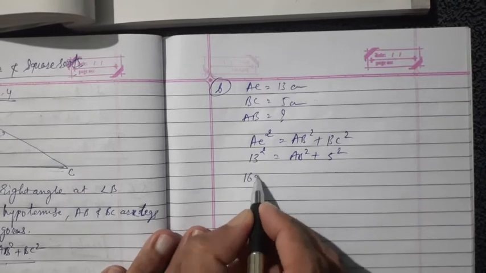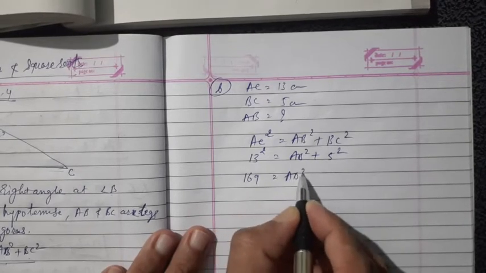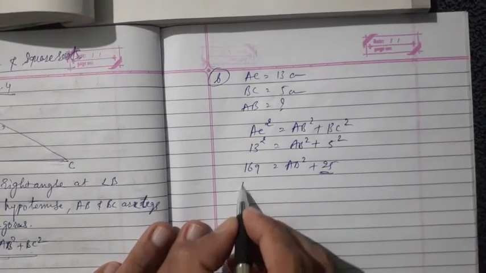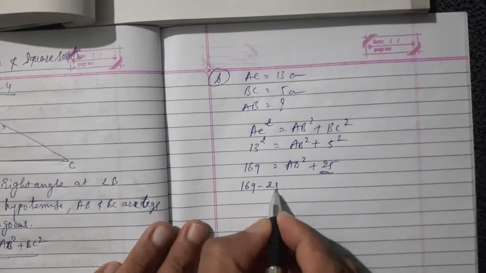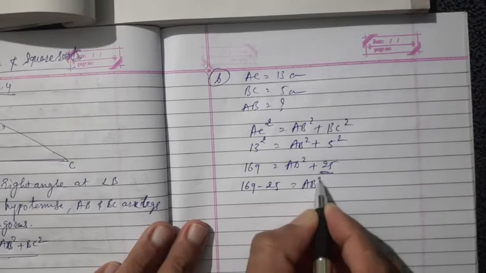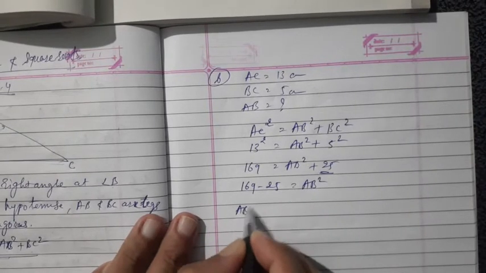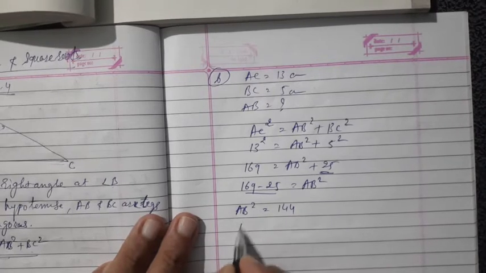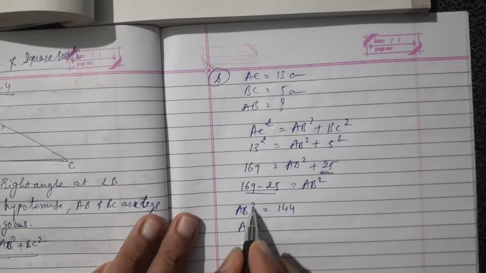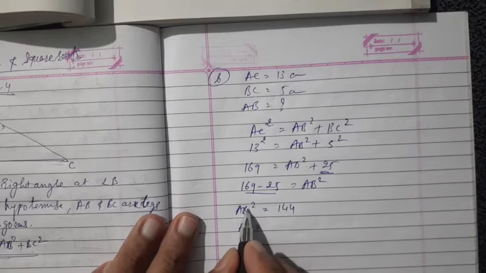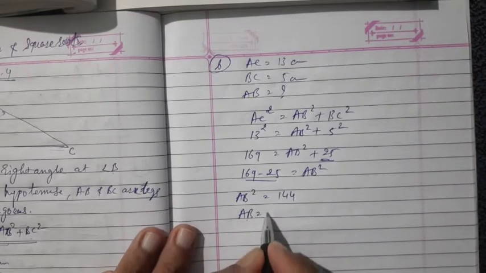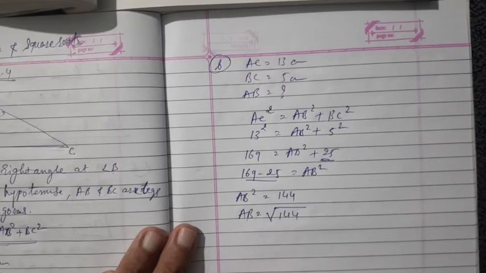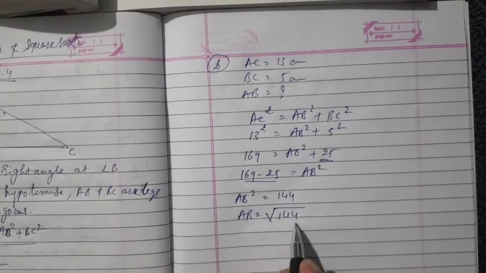13 square is 169, equals AB square plus 25. Now change the side of 25. 169 minus 25 equals AB square. That means AB square equals, the difference is 144. So AB equals the square root of 144.